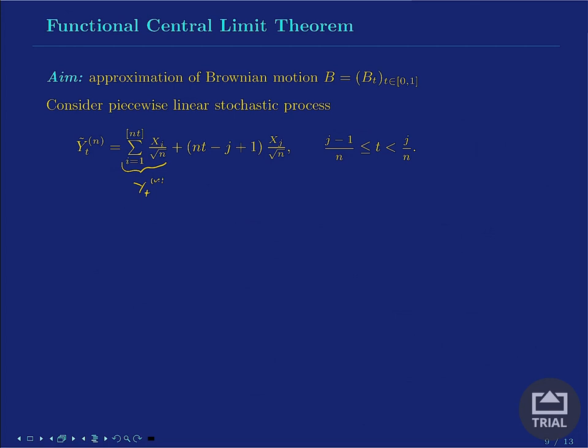And additionally, we go to the next point. So this here is added at the next point at which the process jumps. So here, if t ranges between these two values, j minus 1 over n and j over n, at this point it takes exactly this value. Then this process here stays constant over the whole interval, and at this point it will jump then to its new value where this term here gets added.